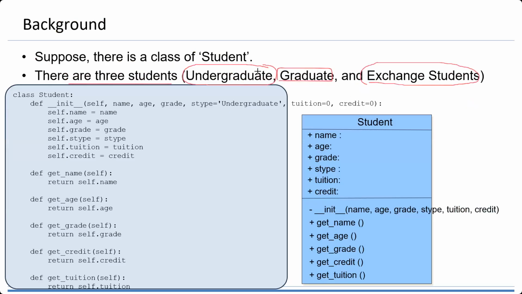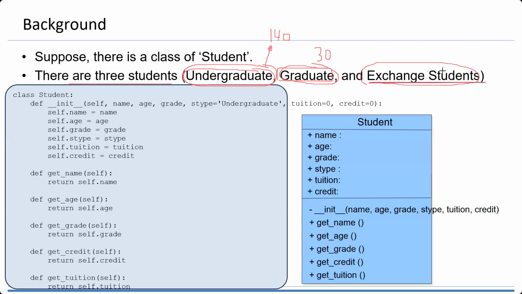So if you are an undergraduate student, it means it is a 4 years school and you need to maybe complete 100 something credits. For graduate school, maybe you need to complete 30 credits. Maybe in this undergraduate, you need to complete 140 credits, something. The graduate school, you need to complete 30 credits. For the exchange students, it depends.